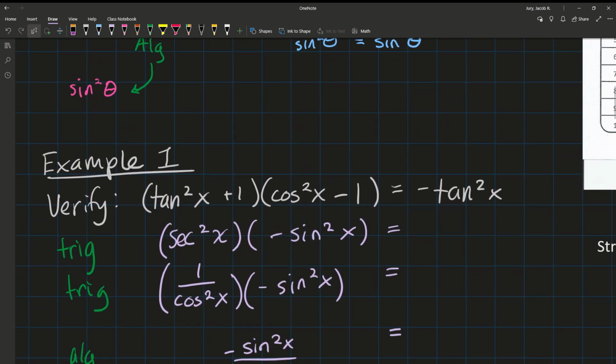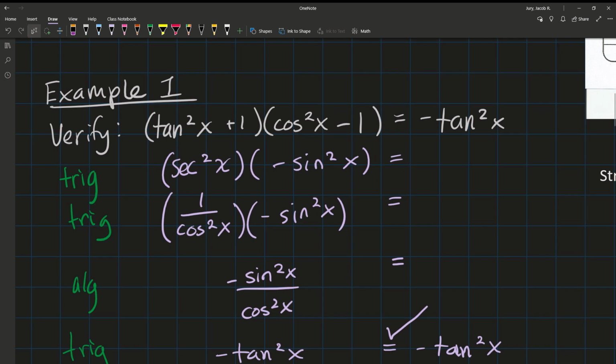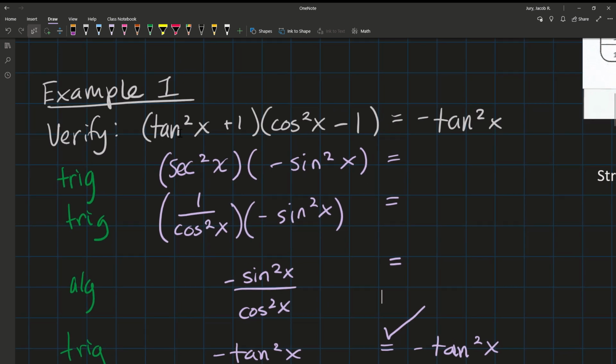I'm saying x instead of theta. It's just a variable. So, okay, yeah, I know that that can simplify to secant squared x if I just shuffle those things around. And same thing for cosine squared x minus 1.